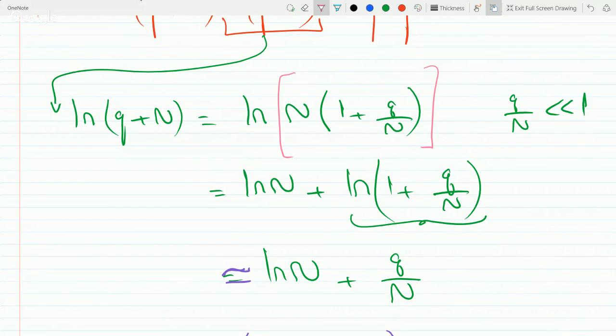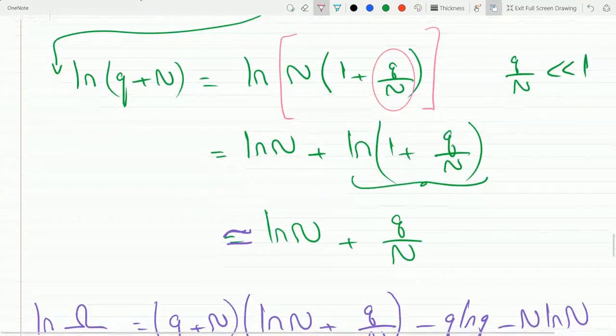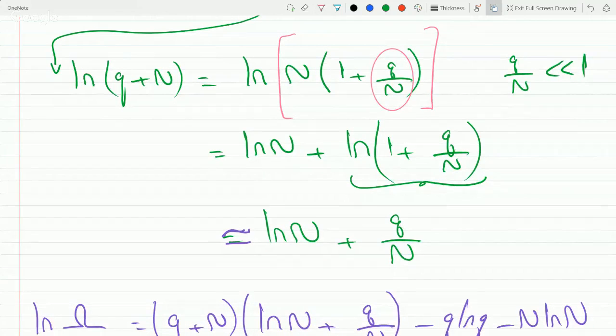That's when this is less than 1, and you could just use the Taylor series expansion of ln (1 + x), which is x when x is a lot less than 1. So this just becomes q over N. ln (1 + q/N) becomes q over N. You see?